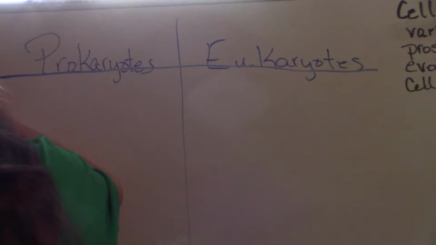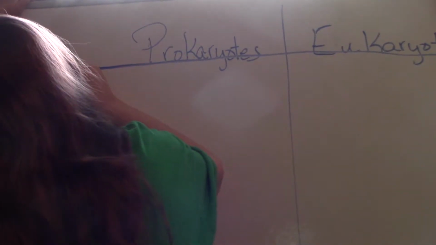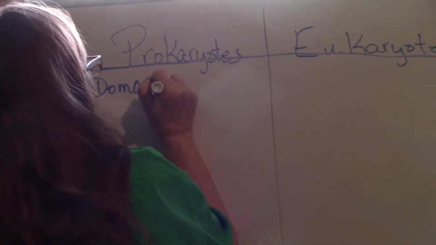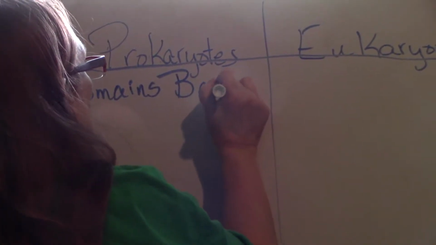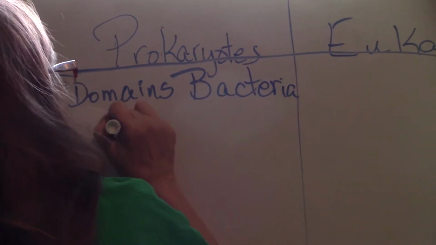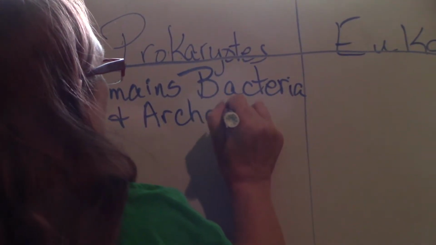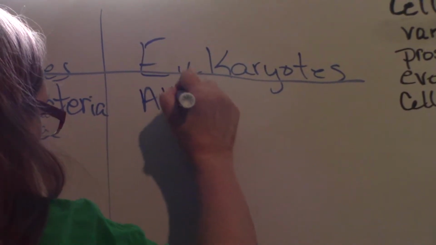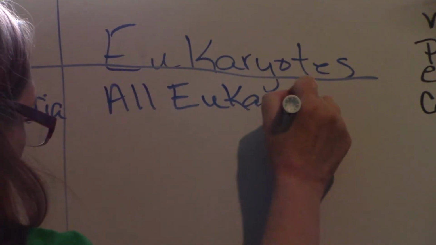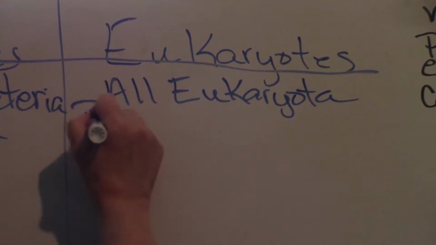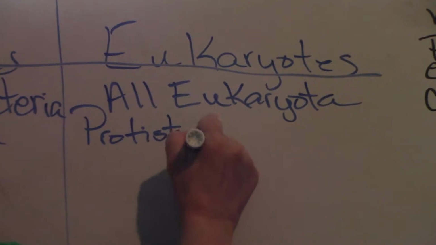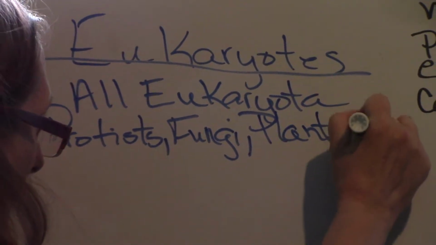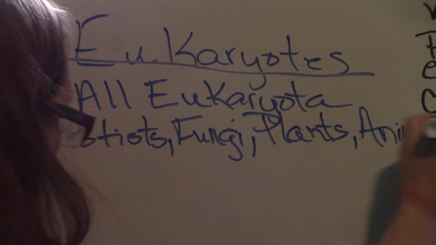And the organisms: prokaryotes are in the domains bacteria and archaea, whereas the eukaryotes are all eukaryota, which means we're talking about all the protists, all the fungi, all the plants, and all of the animals.